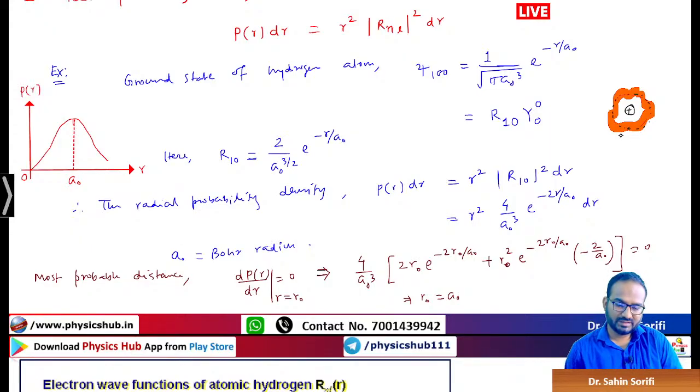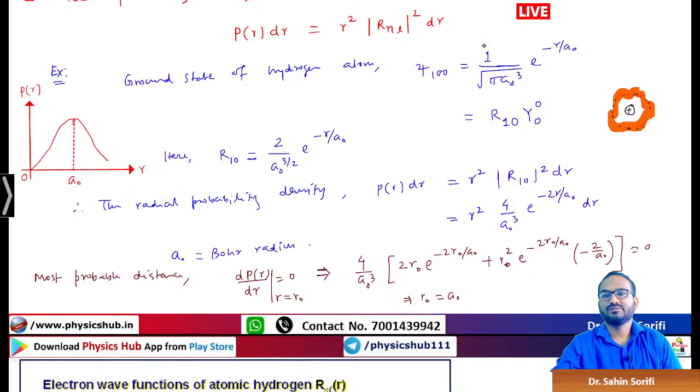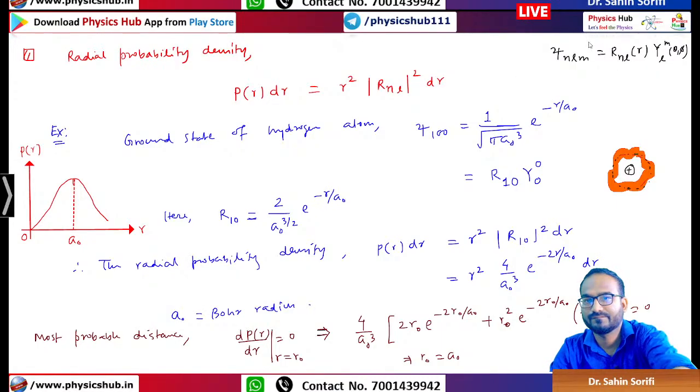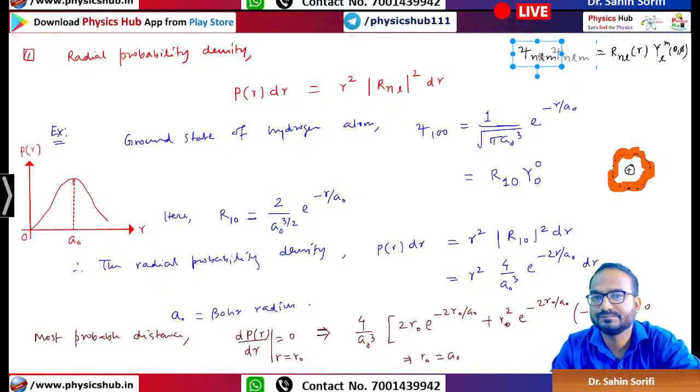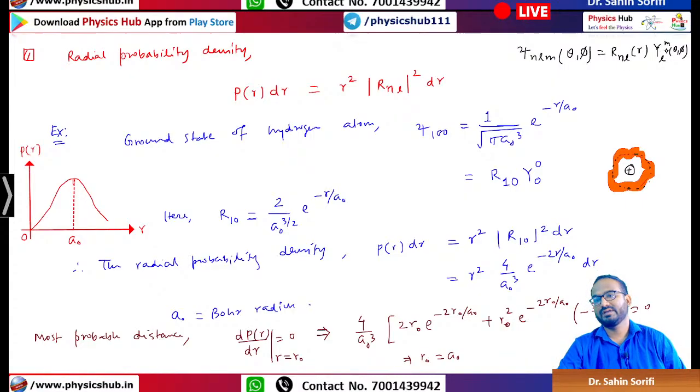Psi NLM we are using, but for radial probability density we only need the radial part. Psi NLM consists of two parts: RNL of r and YLM of theta phi.